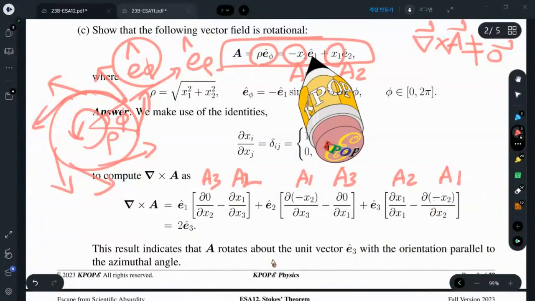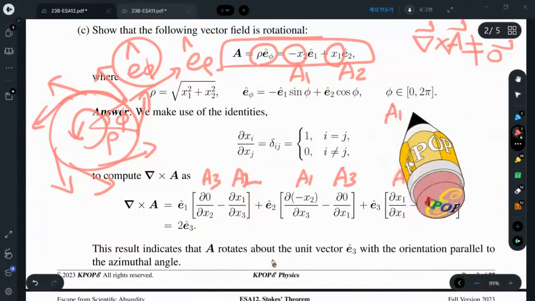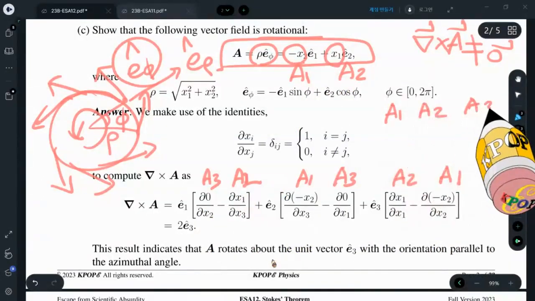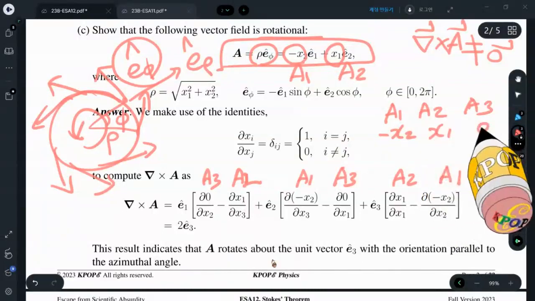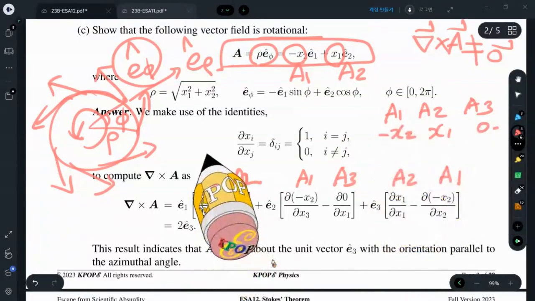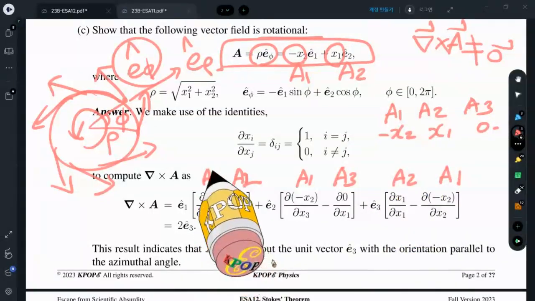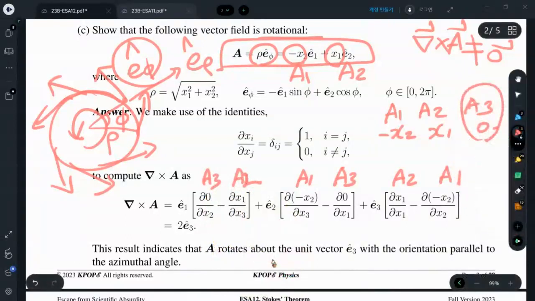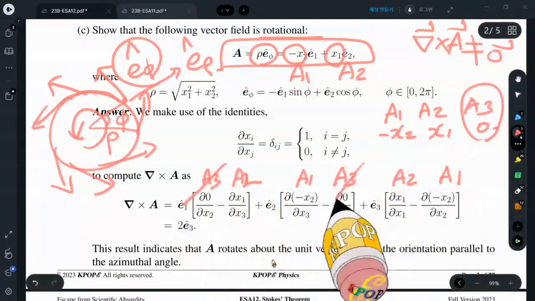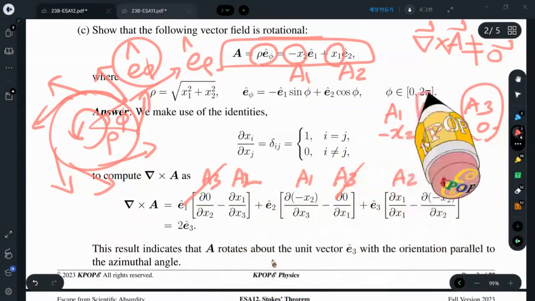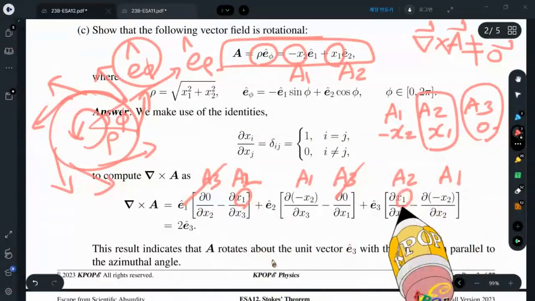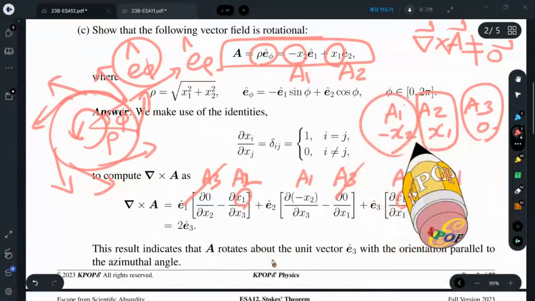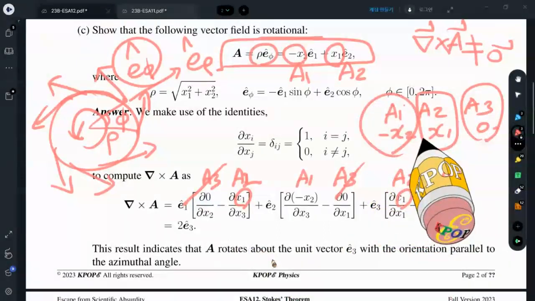So what's that? A1, A2, A3 are minus x2, x1, 0. Substitute. A3 equals 0, so those derivatives are 0. A2 is x1, and A1 equals minus x2.